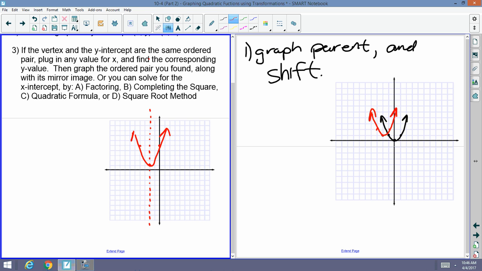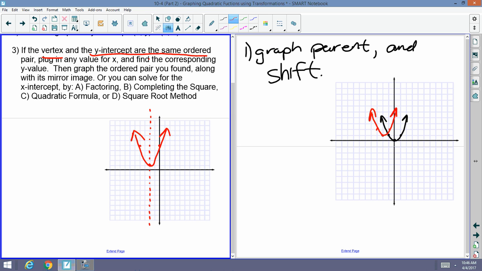I'm done. Cake. Now, if the vertex and the y-intercept are the same, we talked about this, right? Plug in any value for x, find the corresponding y value, and then plot the mirror image. Then graph the ordered pair you found along with this mirror image. Or you can solve, which again, I've repeated this 100 times.